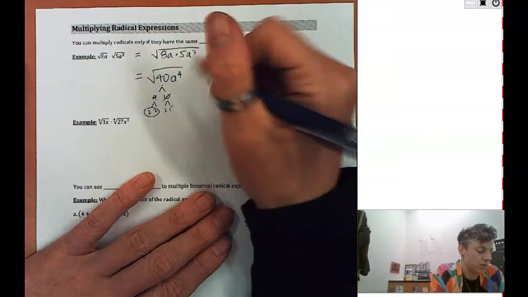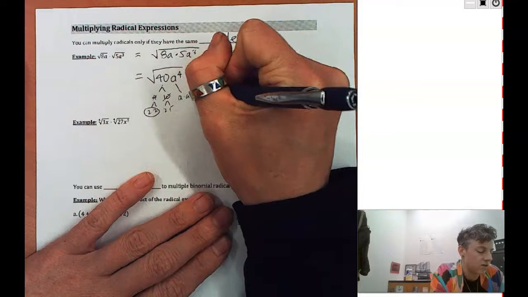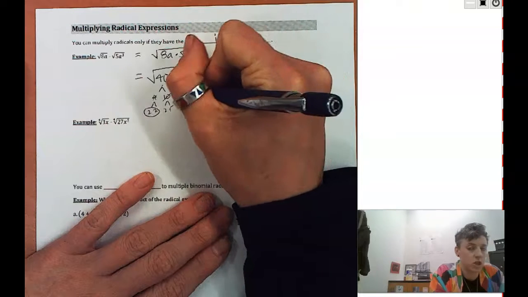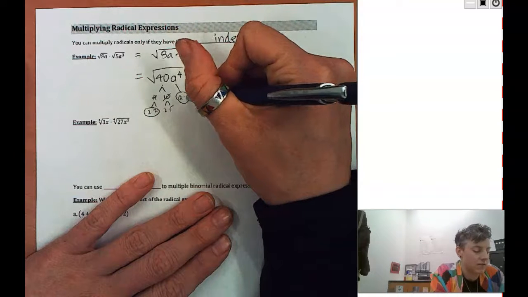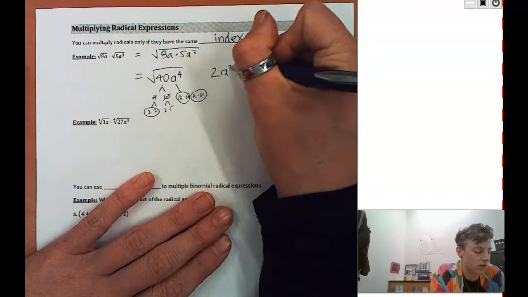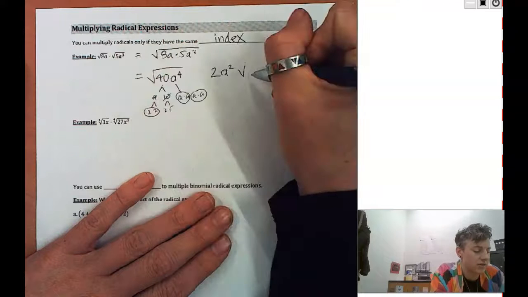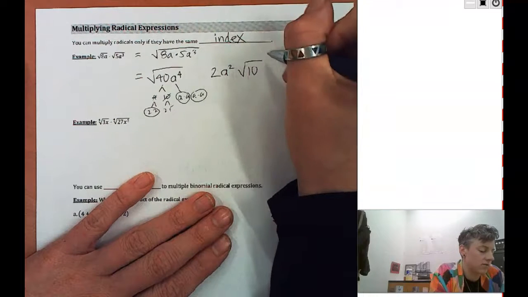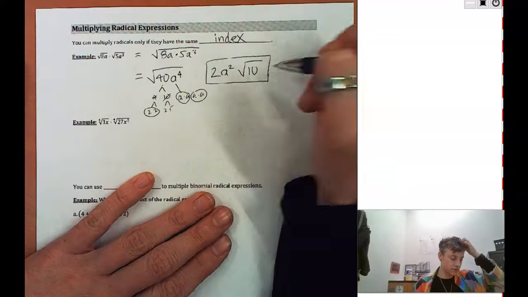This a to the 4th is a times a times a times a. Groups of 2 here, groups of 2 here. So we'll have 2a times a on the outside, or 2a squared, times the square root of 2 times 5, which is 10. There we go. That looks nice. That looks real nice.